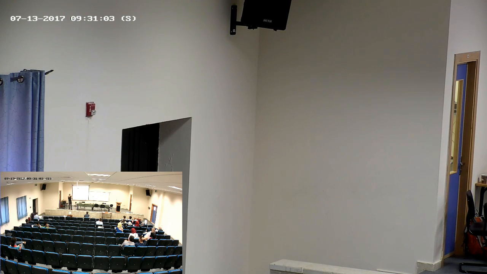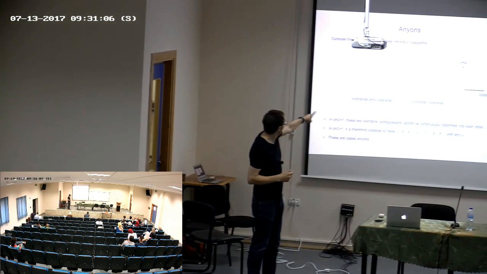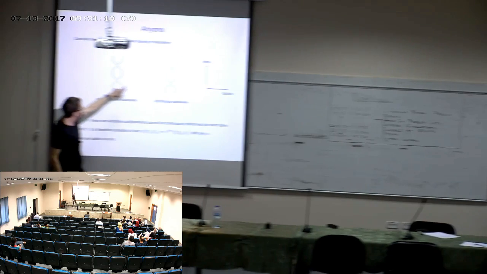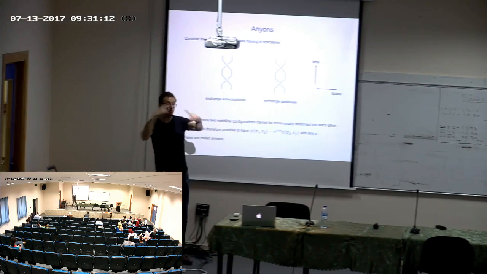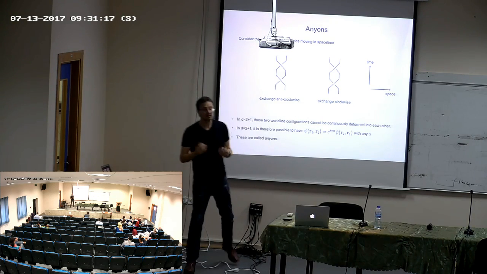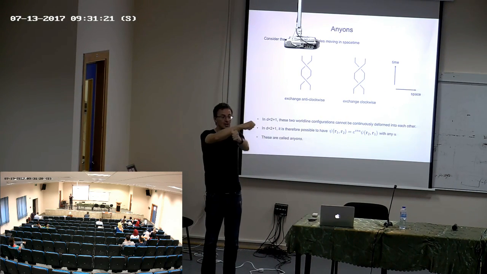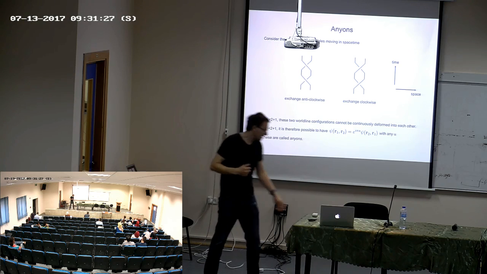If you think about knots, strings being tied in our world, the knots are different. There's no way that I can deform this picture into this picture without passing one of the world lines through the other. So there's this very subtle topological difference between the paths that the particles take depending on the way you change them around.